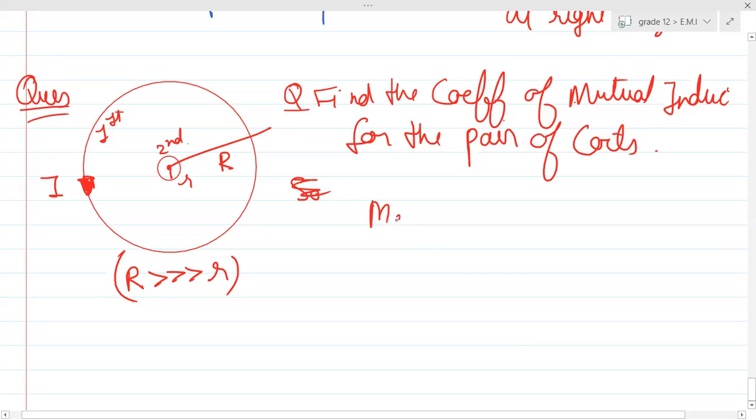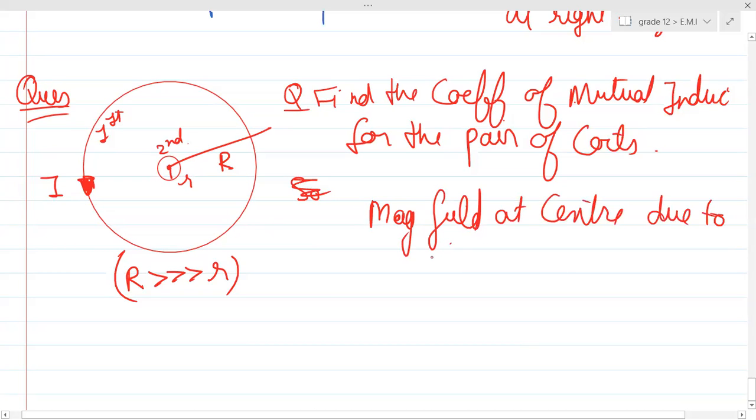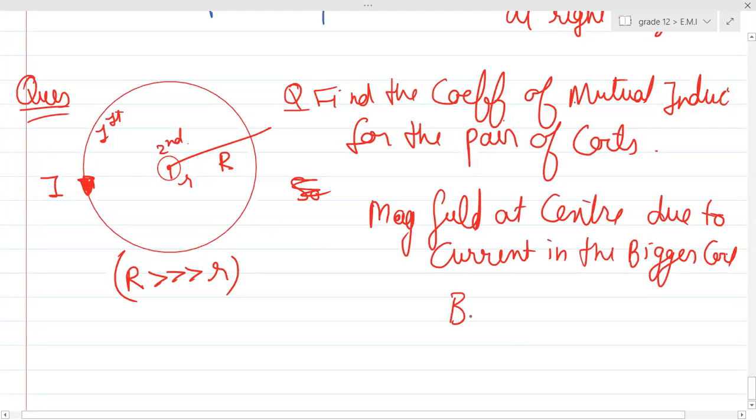So we need to relate the magnetic field at the center due to current in the bigger coil. B1 will be equal to mu naught by 4 pi, and what was the current due to this? 2 pi I by R. Do you remember the formula? Does anyone remember this formula?